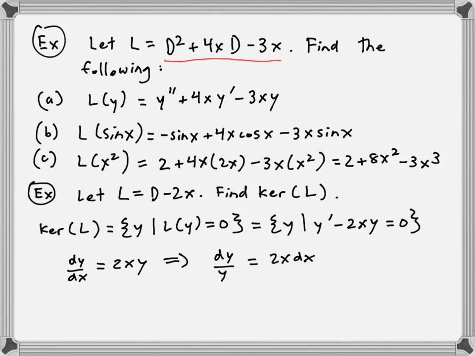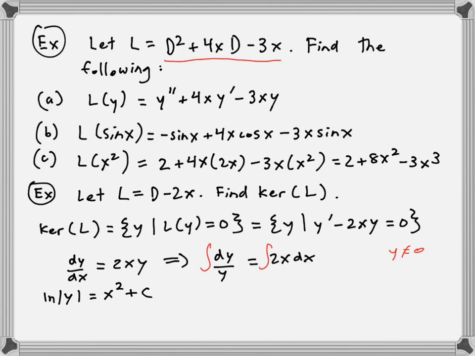Now you'll notice that I just divided by y, so I made an assumption that y was not 0, so we need to remember that. So if I now integrate both of these, I end up with the natural log of the absolute value of y is equal to x squared plus c.